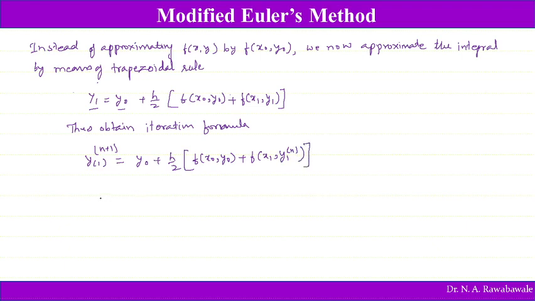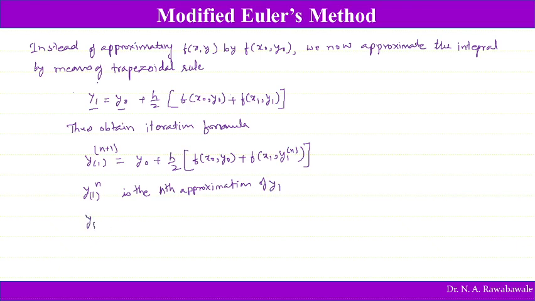So if we want to find y1 of nth iteration, this is nothing but the nth approximation of y1.